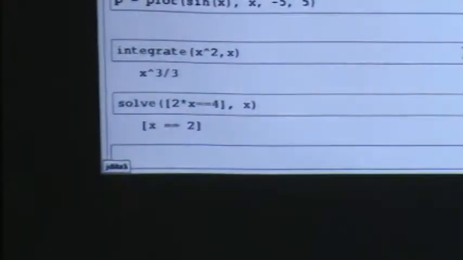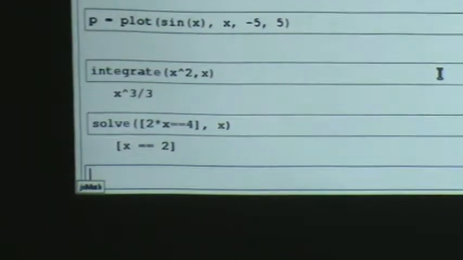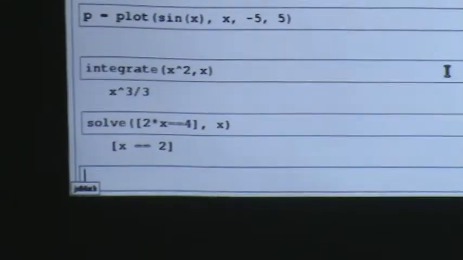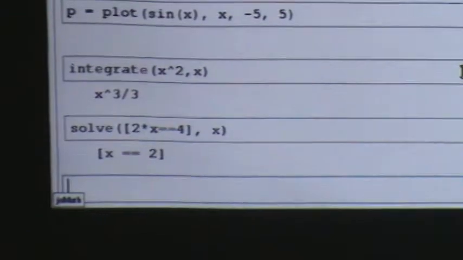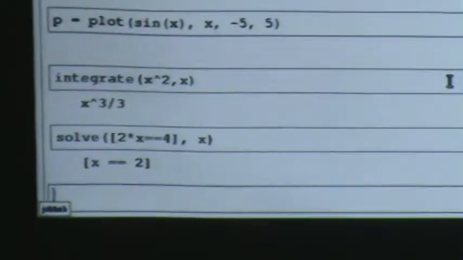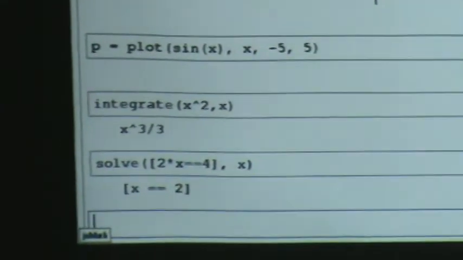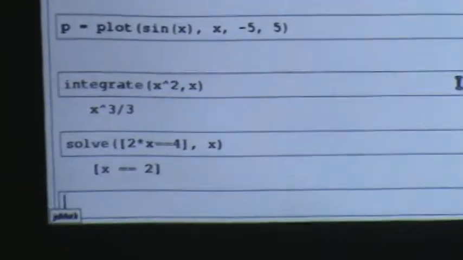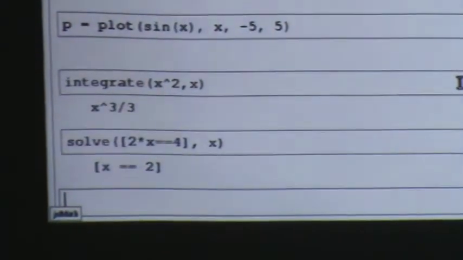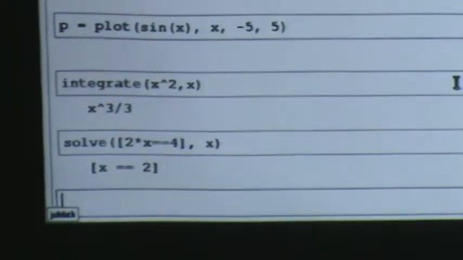And so for those things, what it's really doing is using Maxima in the background. So this functionality is not included in Sage itself. But Sage knows how to turn what you type there into an expression that Maxima can understand. And then it can send it back to Sage, and you can work with it as native Sage objects.